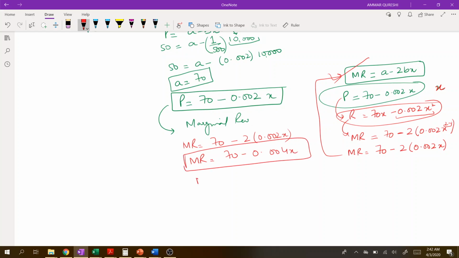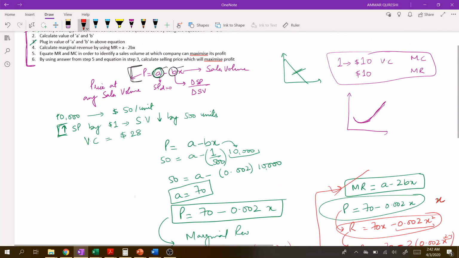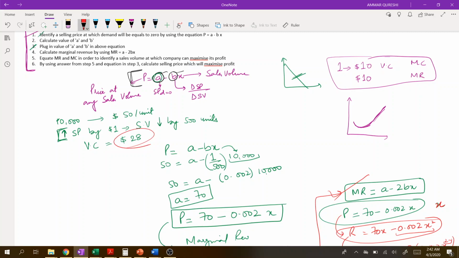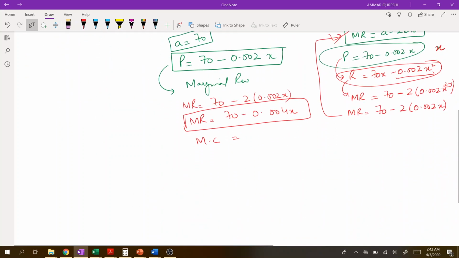And what is marginal cost? Marginal cost is the variable cost, which we have already identified as 28, right? It's simple. So marginal cost is 28. So marginal revenue is equal to marginal cost. So this will be 70 minus 0.004 of X is equal to 28.